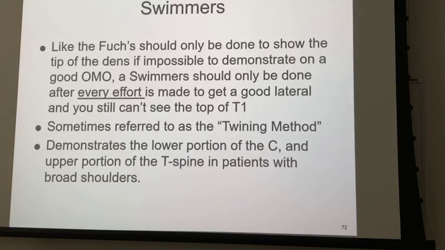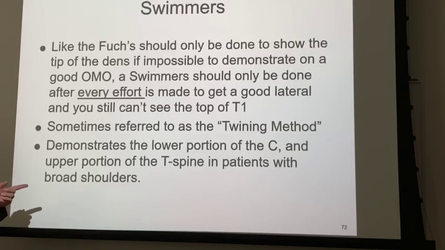Swimmers is called the twining method, and it is something that you're going to do if you don't see C7, T1. You're going to run into some test questions on when to do a swimmers, and for the C-spine, that's your answer. If you've done everything that you can do and you can't get T1, then you're going to do a swimmers.